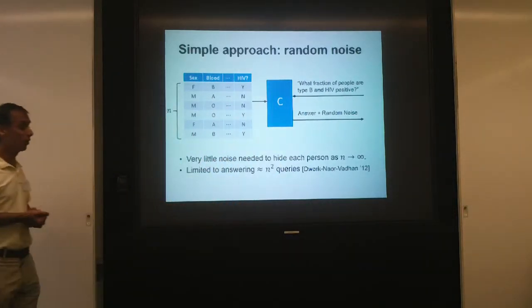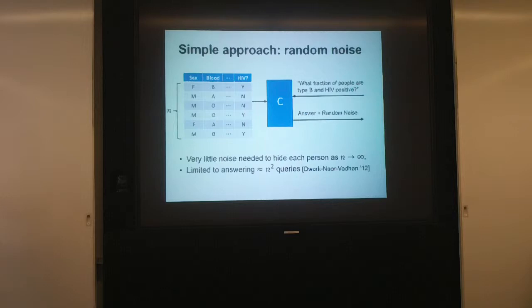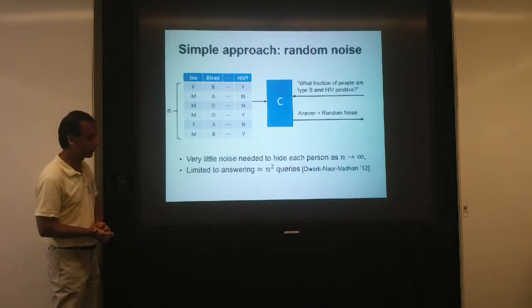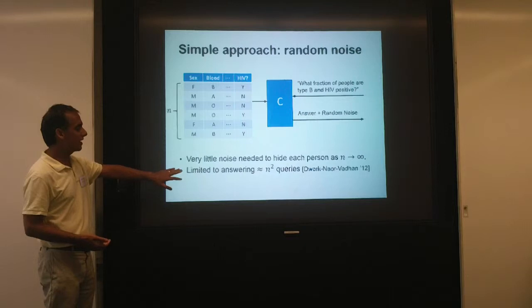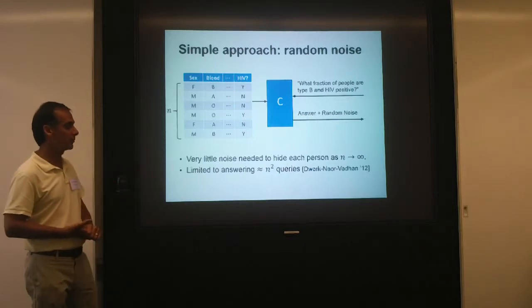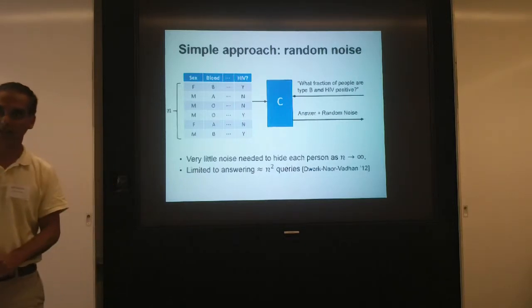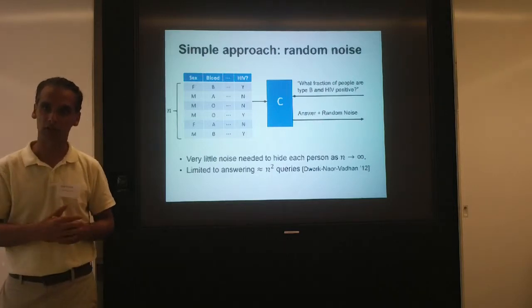However, this basic approach, if you try to just increase your noise so that you can answer more queries, so that each one has more privacy, so in total you have a fixed amount of privacy overall, is going to be limited to answering about n squared queries.